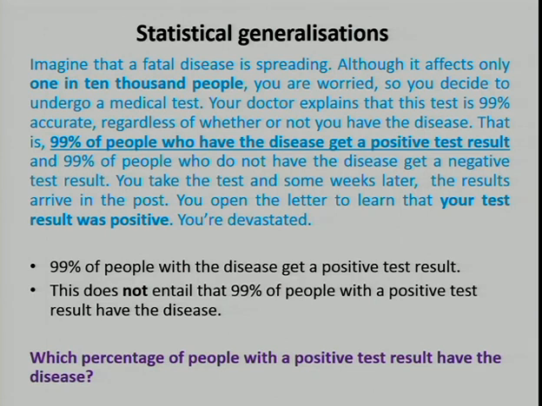But that's what we want to know, right? We have one instance where there's a positive result, and we want to know if there's a positive result, does that mean that the person has the disease? So this is the question we want to ask, but this isn't the question that's answered in the text, right? So that's point one, to make that difference. Is that clear? Okay. So this part of it is important.